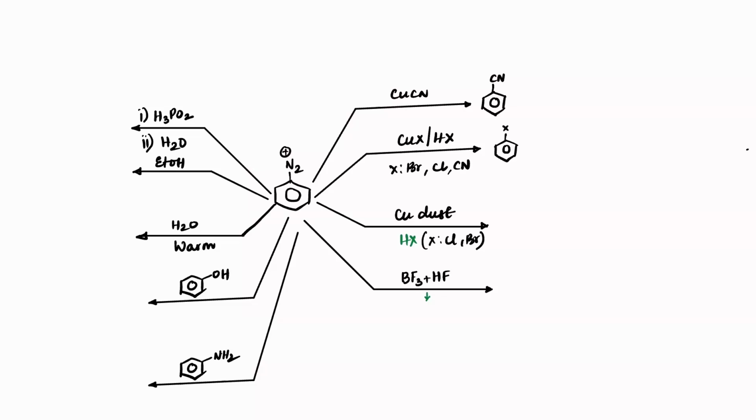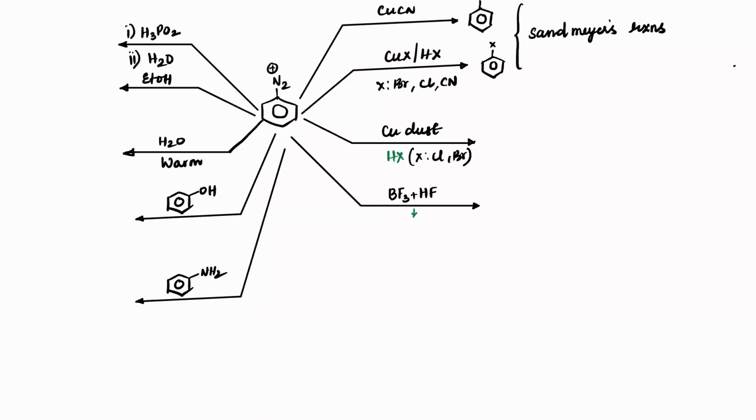This reaction is called the Sandmeyer reaction. While if we take copper dust with HX, that is chlorine and bromine, again I'll get X here. This is called Gattermann's reaction.